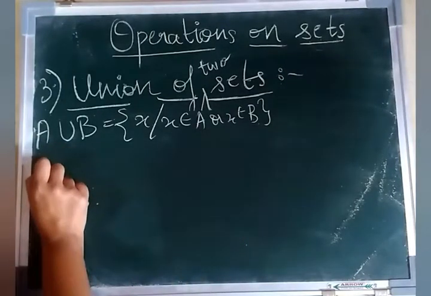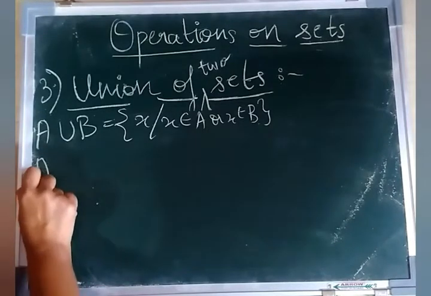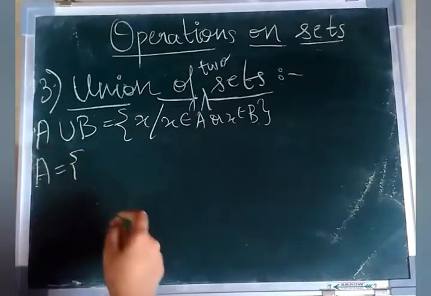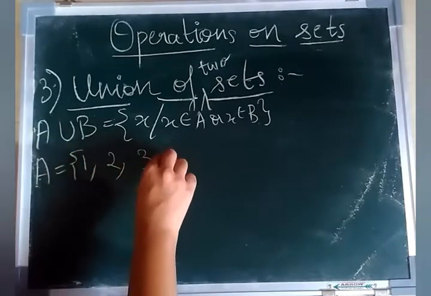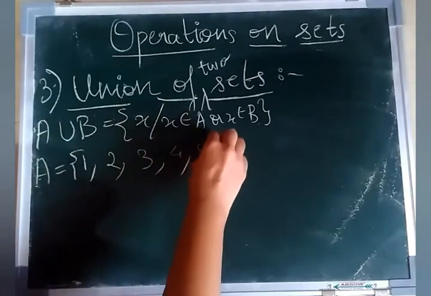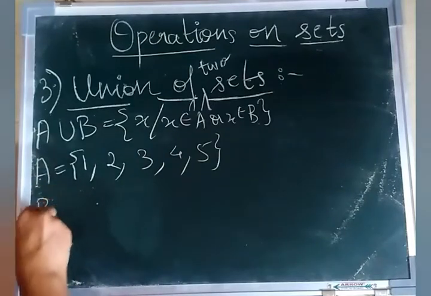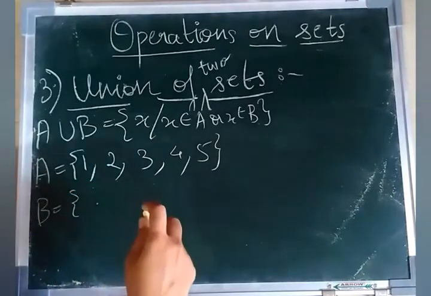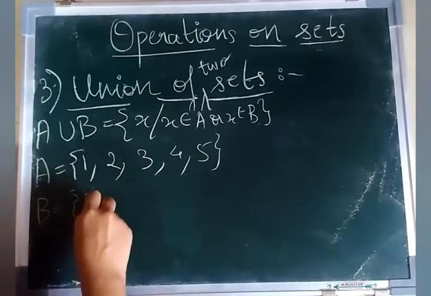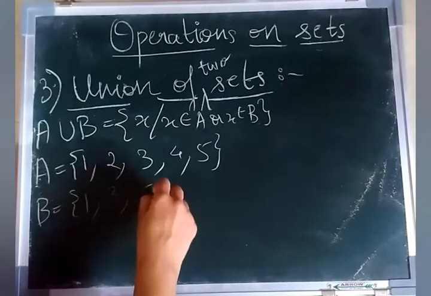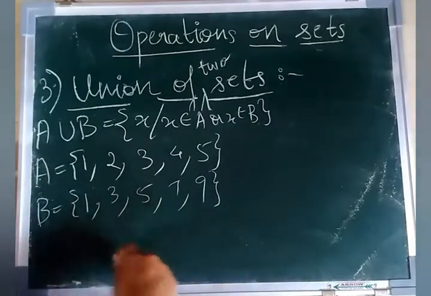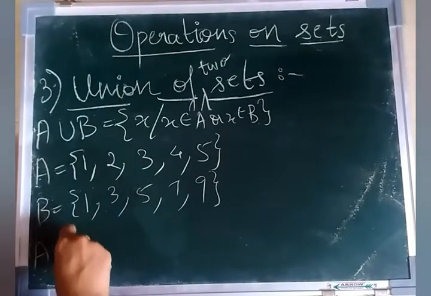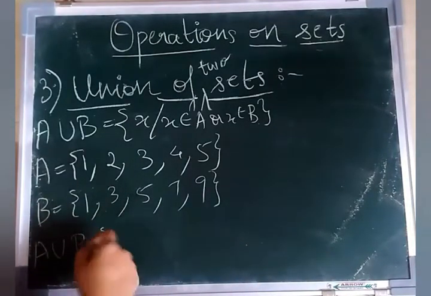Let's consider an example. A is equal to 1, 2, 3, 4, 5 and B is equal to, I am taking the same example which I took for intersection, 1, 3, 5, 7 and 9. Okay, now we have to form A union B. So A union B means I have to just write both these elements together.